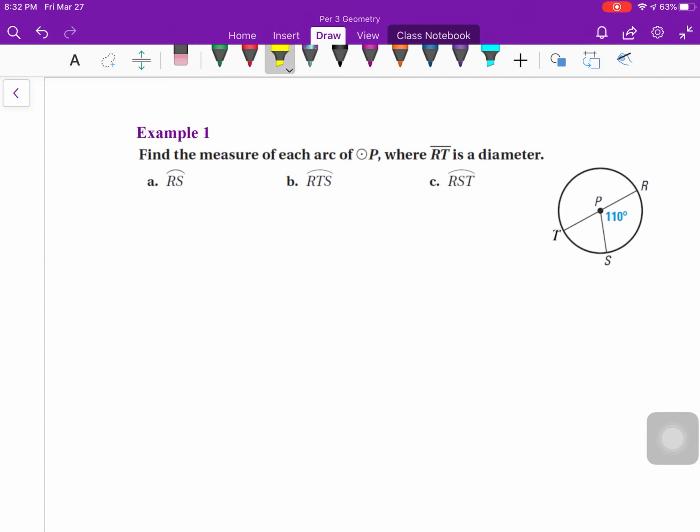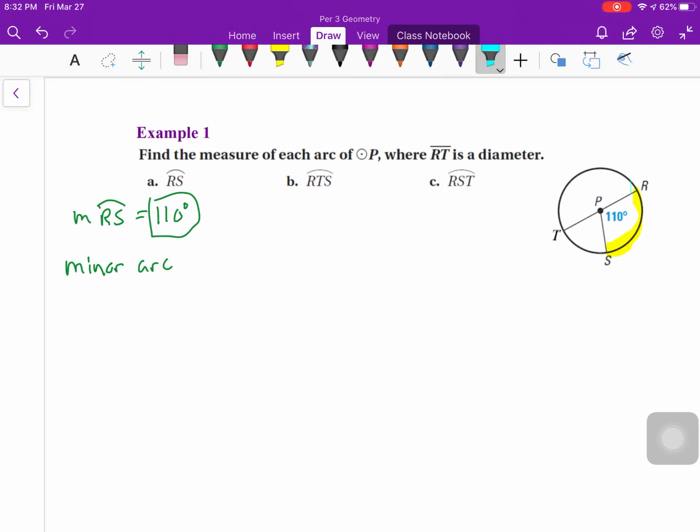Let's take a look at a few examples here. Arc RS would be this one that I've highlighted in yellow. It has to be equal to its central angle. So the measure of arc RS would be 110 degrees. That would make it a minor arc because it's less than 180.